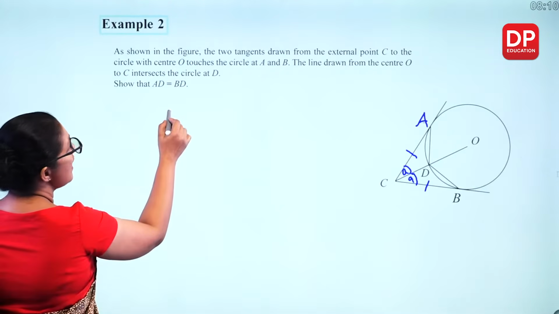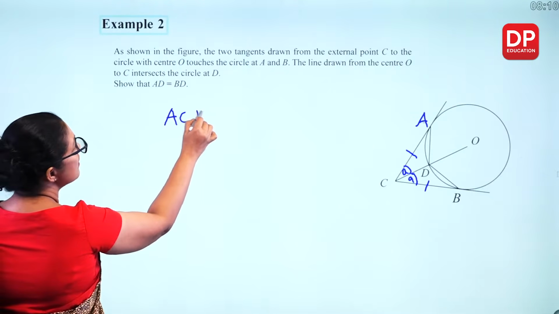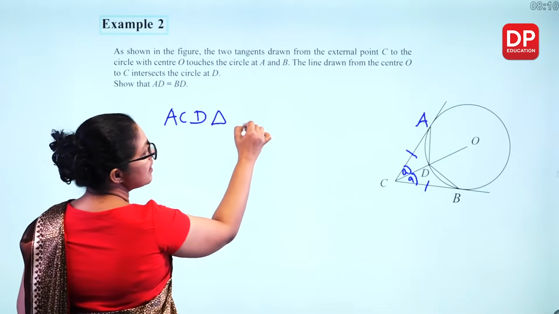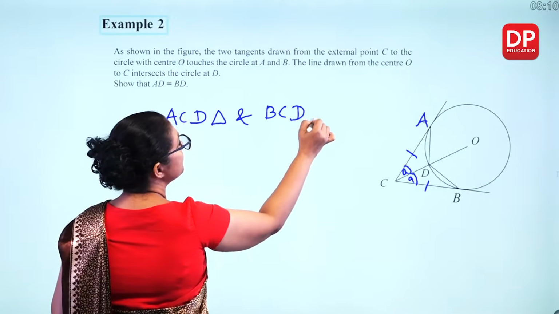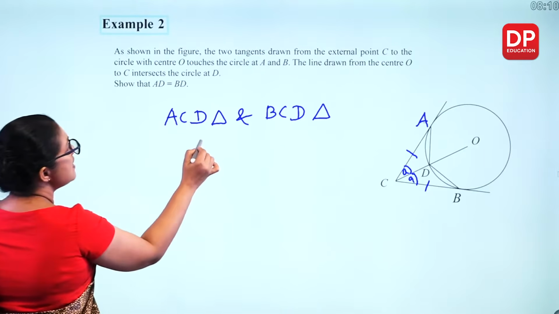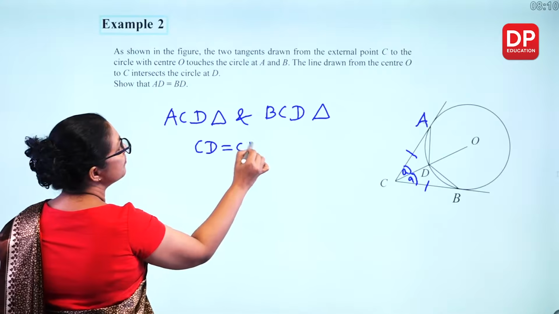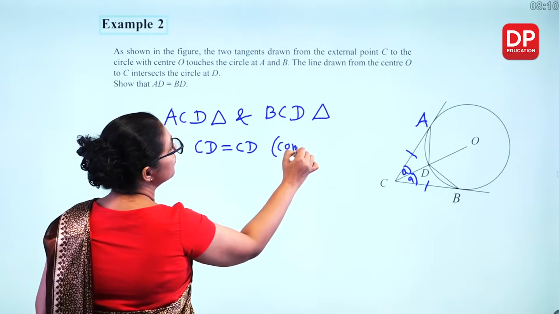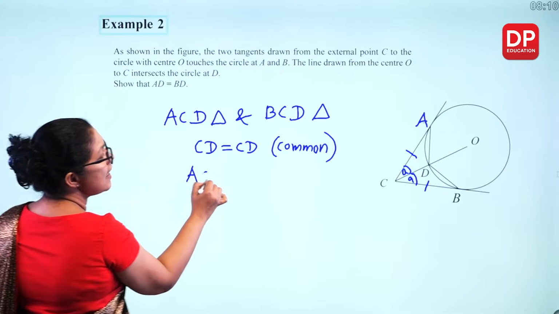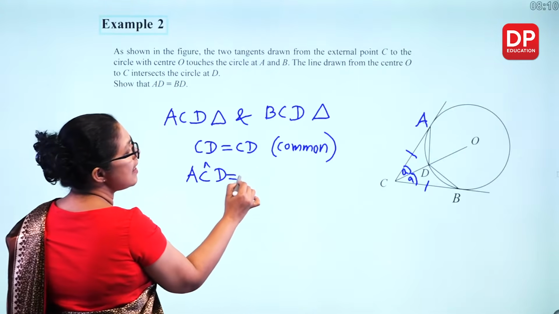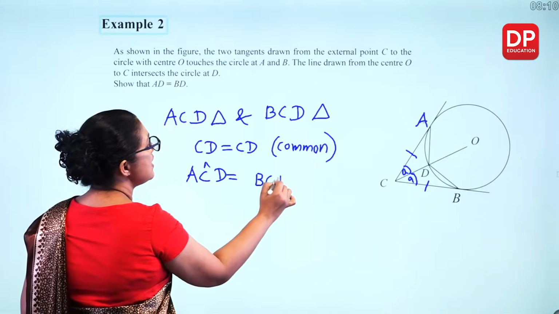So, we'll take ACD triangle and BCD triangle. CD is common. And ACD angle is equal to BCD angle.